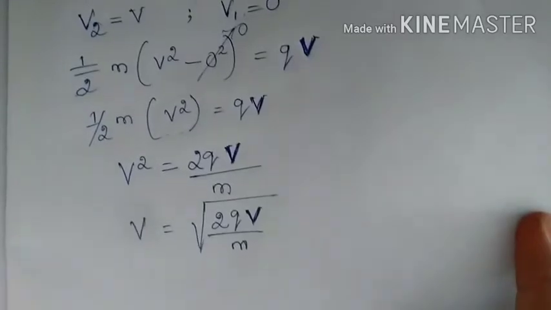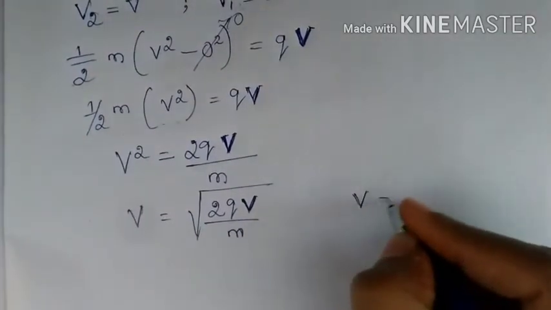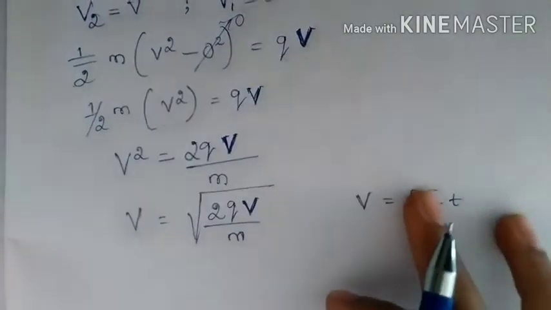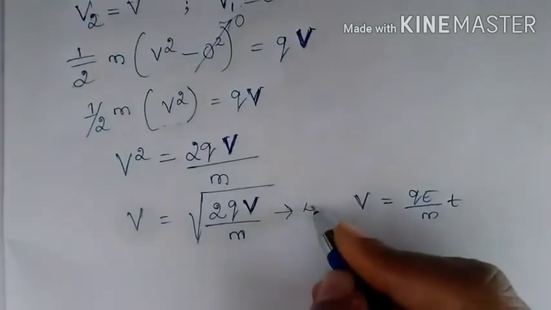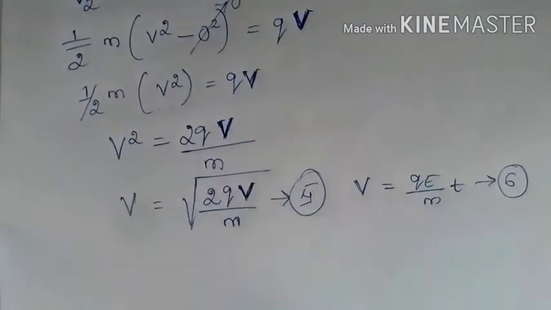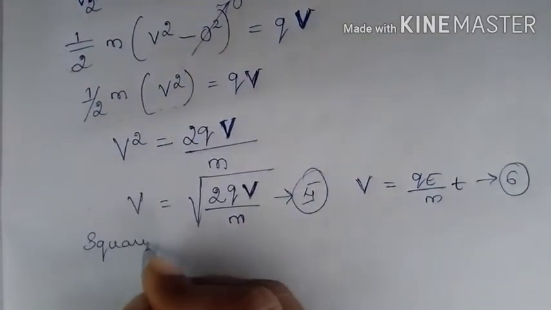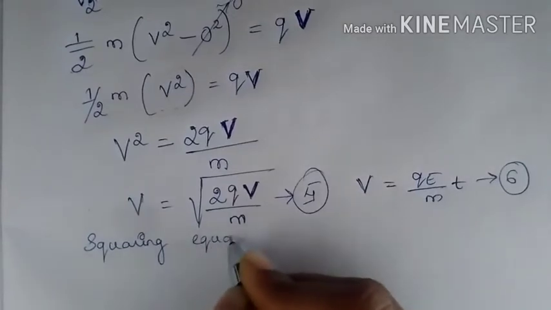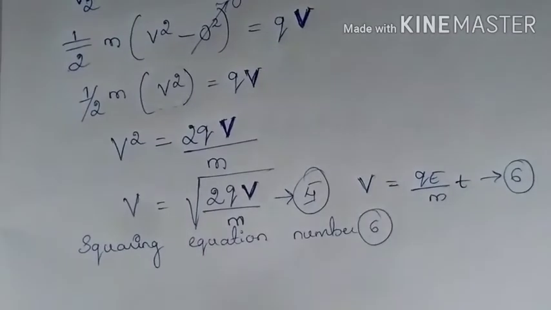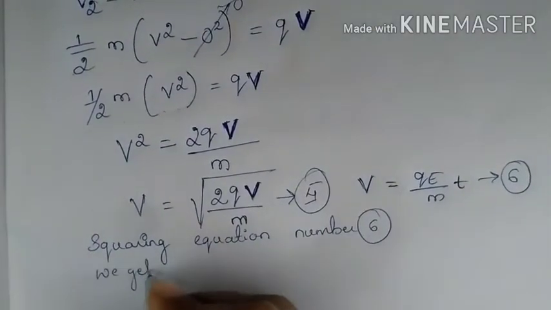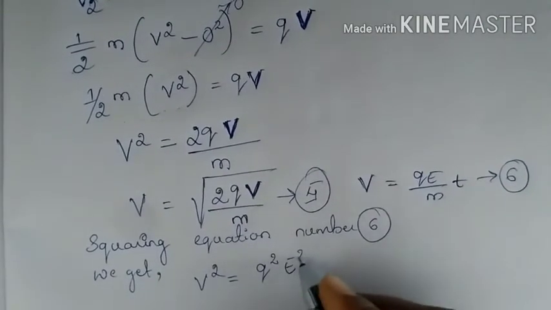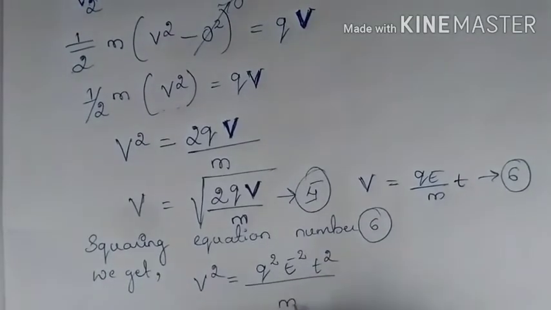In the last class we got v as qE by m into t. Let us call this equation number 5 and this equation number 6. Squaring equation number 6, we get v square is equal to q square E square t square divided by m square.